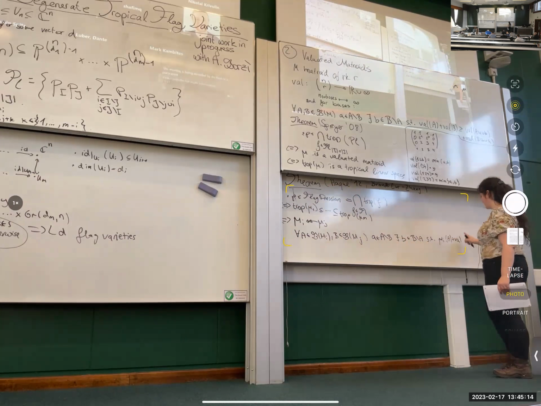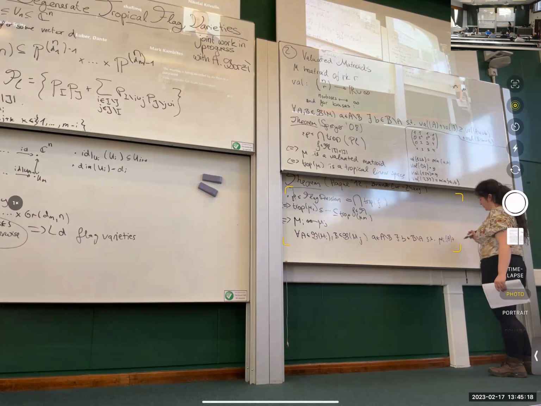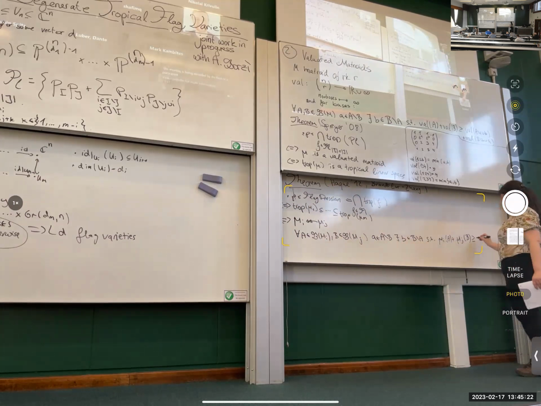Here we're taking the valuation of mu i, and here we are taking the valuation of mu j. It's greater or equal to mu i of A set minus A union B plus mu j of B set minus B union A.